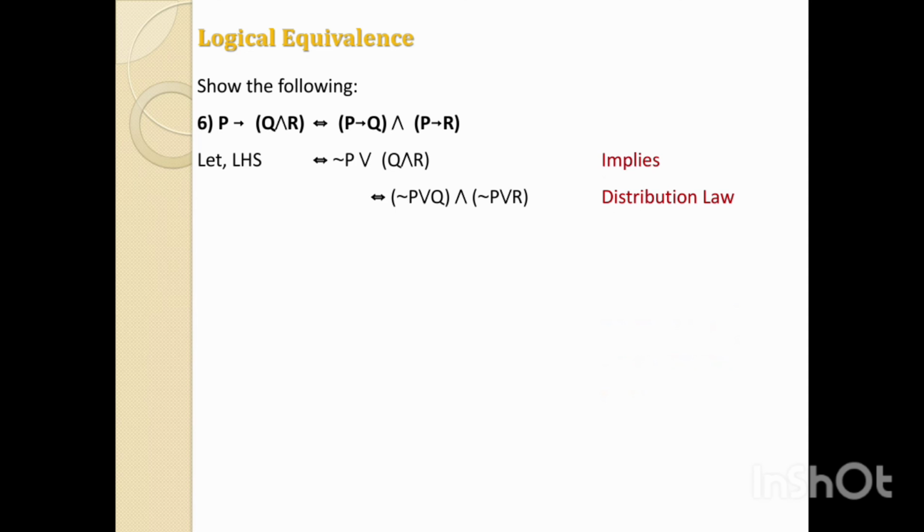We can use the distributive law to distribute the not P or over the Q and R. The next step becomes (not P or Q) and (not P or R). Now using the implies formula, not P or Q becomes P implies Q and not P or R becomes P implies R, and that's what we had to show.